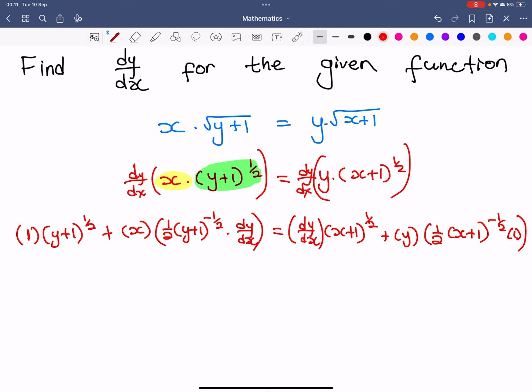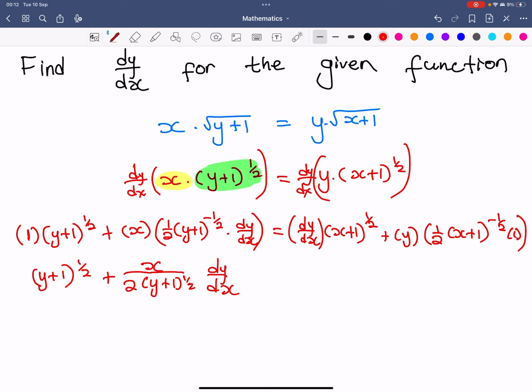Now I can try to simplify whatever I have here. This becomes (y plus 1) to the power 1 over 2, because that multiplied by 1 is just that, plus, and I can also simplify here: multiplying this out, it's x all over 2, and in the denominator you're going to have (y plus 1) to the power 1 over 2, and then dy over dx.